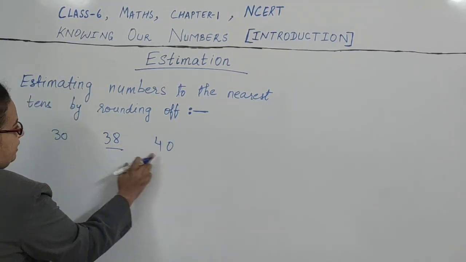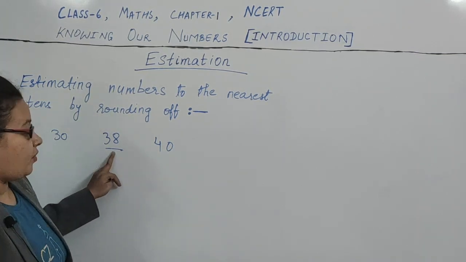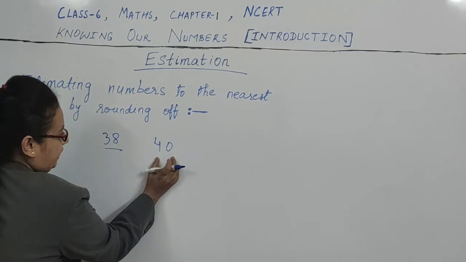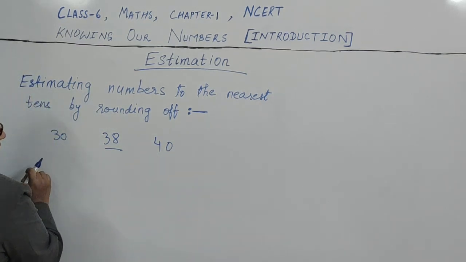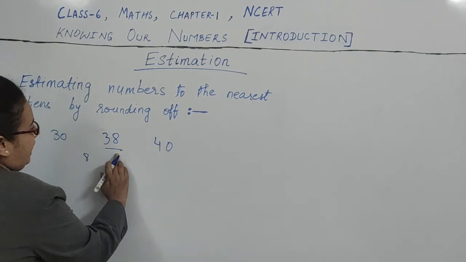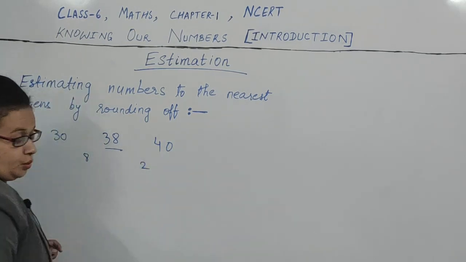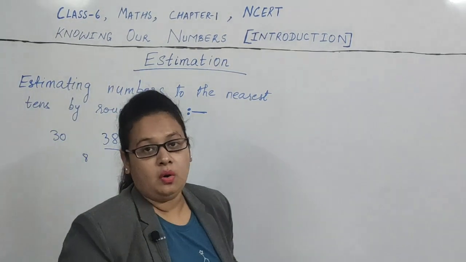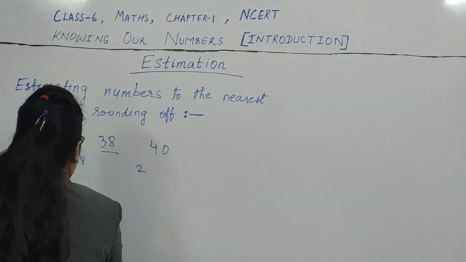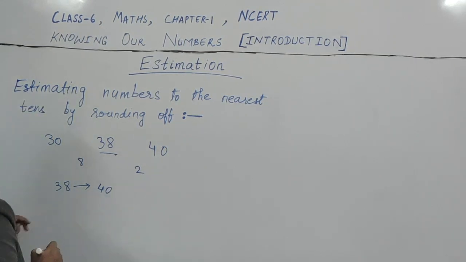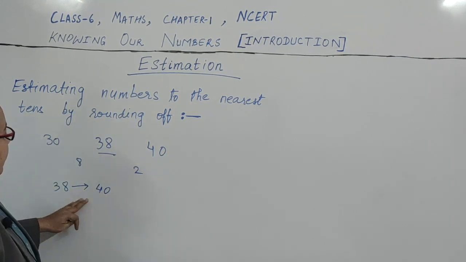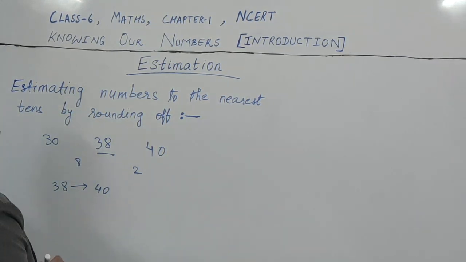These are the nearest tens for 38. Is it nearer to 40 or to 30? The gap between 30 and 38 is 8, and the gap between 38 and 40 is 2. So 38 is nearer to 40, so 38 will be rounded off to 40. We have estimated 38 to the nearest ten as 40.